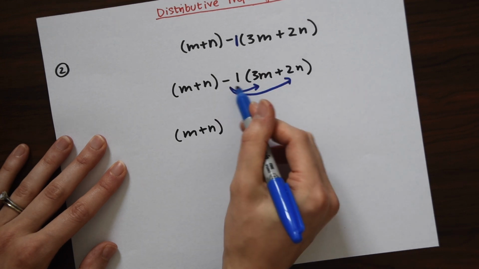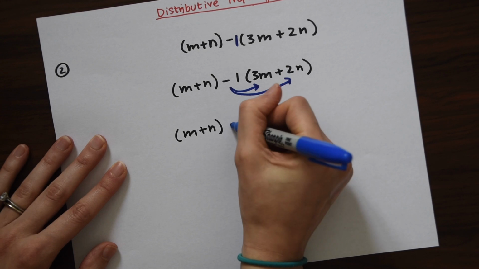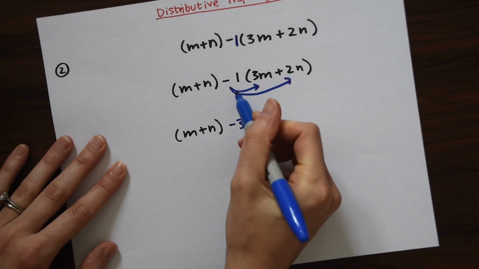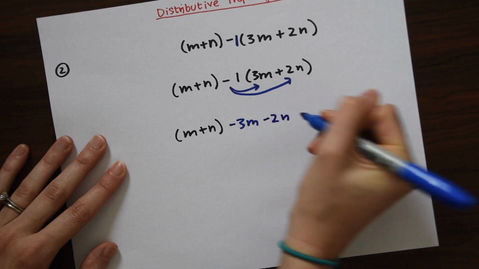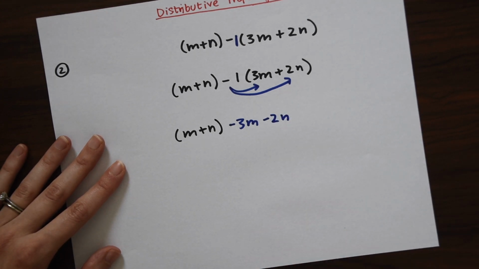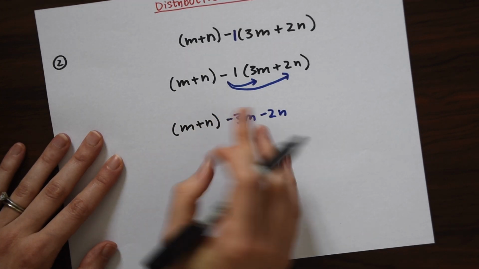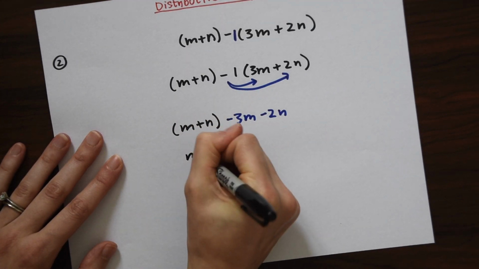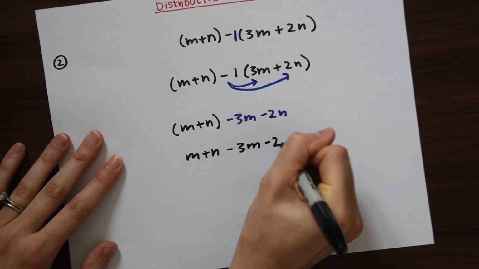Minus 1 times 3m gives us minus 3m. And negative 1 times 2n gives us minus 2n. So let's rewrite our equation again, this time dropping the parentheses, so maybe this will be easier to look at. m plus n minus 3m minus 2n.